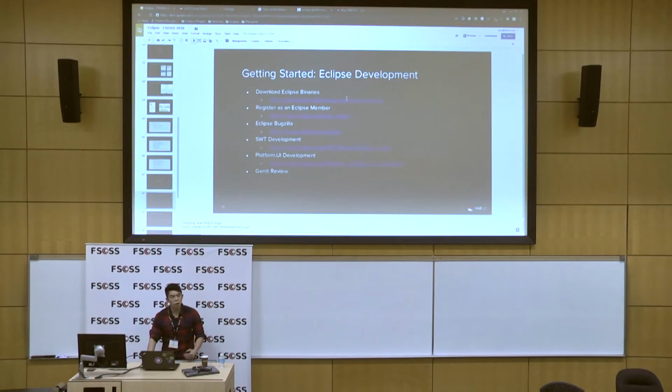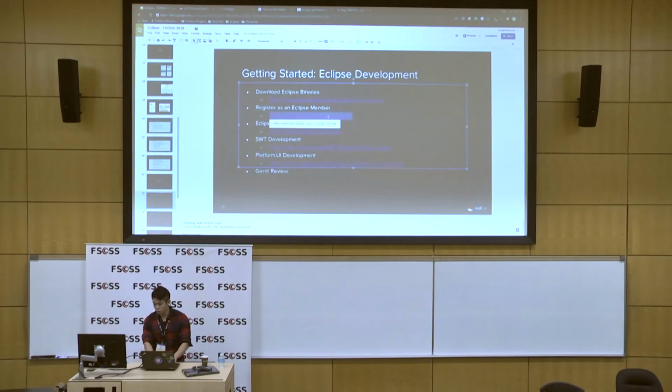Being Oxygen, we have all the newest patch updates and all the newest features, and it's better to use that and play with that to develop Eclipse than to use a more stable version. Once you've got yourself an Eclipse copy, you've got to register yourself as an Eclipse member.